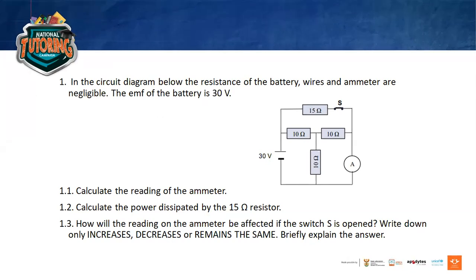So now we've got the ammeter right here. Before we even do this, we're going to have to start by making our resistors an equivalent resistance. We need one representation of our resistance in order for us to find the total current.